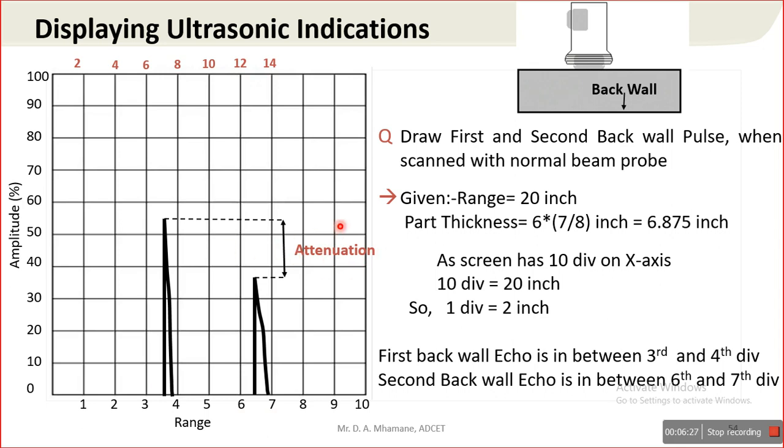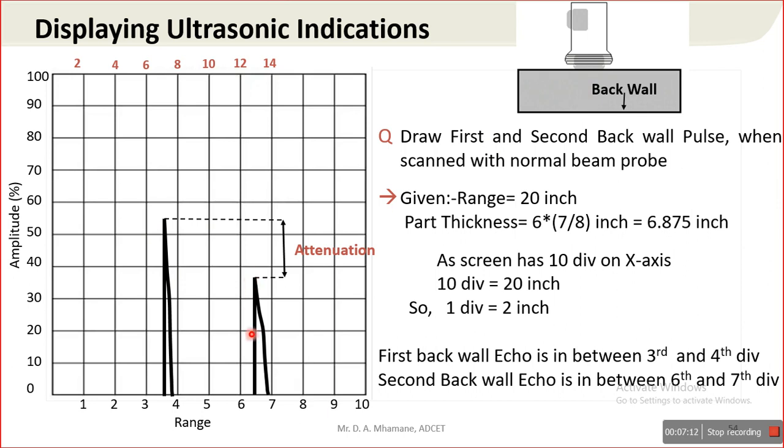So it is attenuation. When the first back wall echo comes, the sound has a particular intensity. As the sound wave propagates inside the component, the particles of this component absorb some amount of ultrasonic energy, and also scattering is there. So due to this absorption and scattering, intensity of ultrasound decreases, and the same ultrasound propagates in the component 2 times.